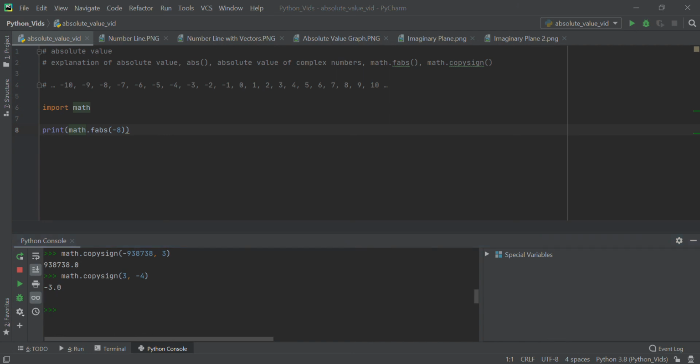Notice that it gives us this float value, this .0, even if you're putting in integers. And so that's just one thing to keep in mind. If you really wanted an integer, you could just convert the whole shebang into an integer, I suppose. Depends on what you're doing, and that'll give you your integer if you wanted it.